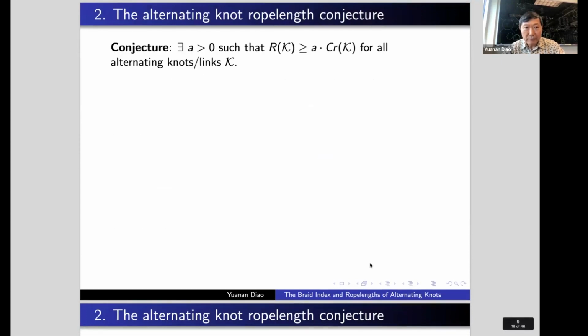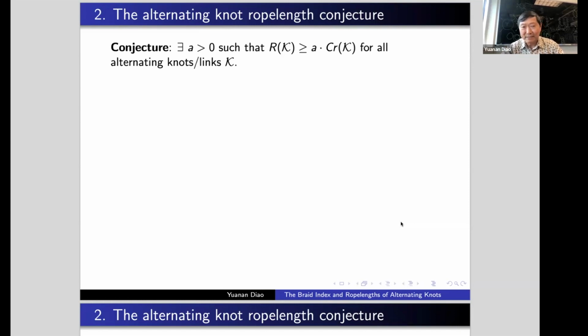All right, so now let me talk about the conjecture here. Let's consider all the alternating knots and links. The conjecture says that for all the alternating ones, if you actually draw such an alternating knot, you will think that to make this thing go up and down following an alternating pattern, you need a lot of rope to do that.